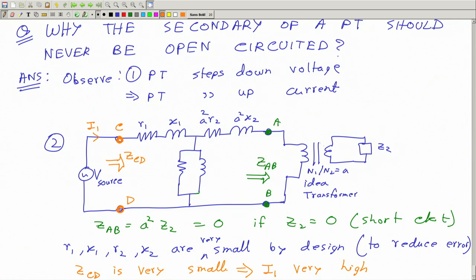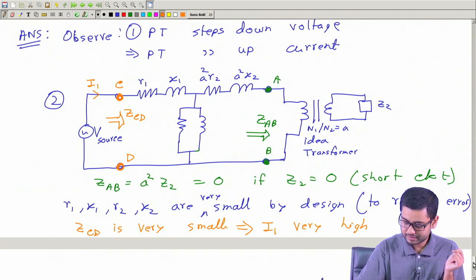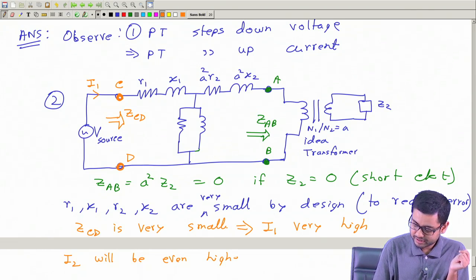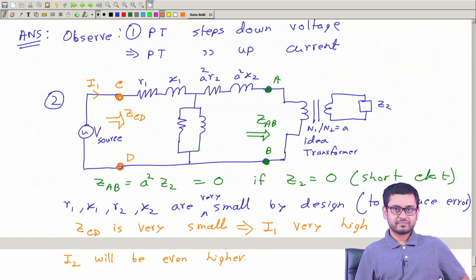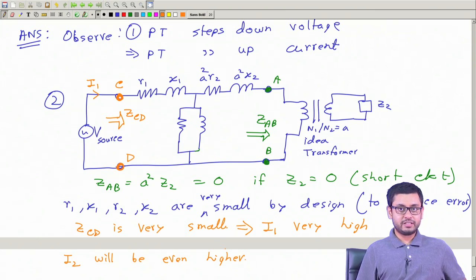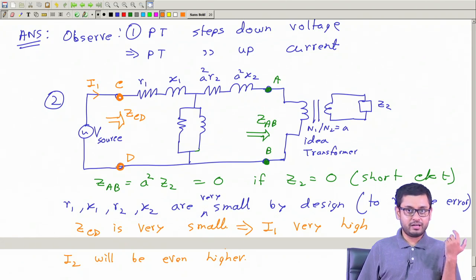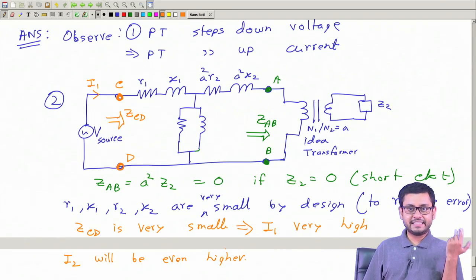And then the secondary current I2 will of course be even higher. Now, all these high currents can immediately damage the PT. High current can flow, it can cause huge heat, the insulation may burn, and it can cause some very risky things.